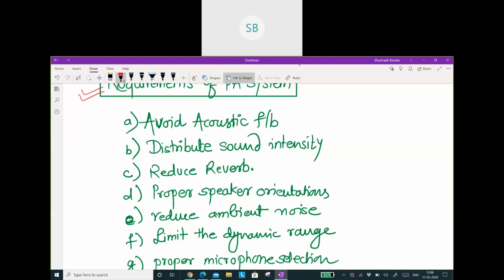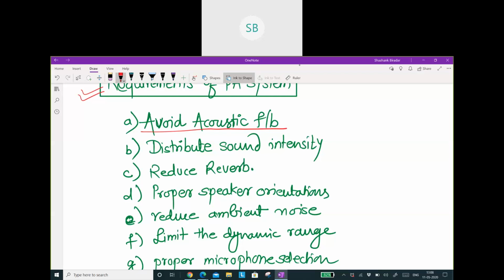The first one is to avoid acoustic feedback. What do you mean by that? The sound from the loudspeaker should not reach the microphone. Here we are talking about feedback, where from the output it is again coming to the input. So the sound from the loudspeaker should not reach the microphone. This is called avoiding acoustic feedback.